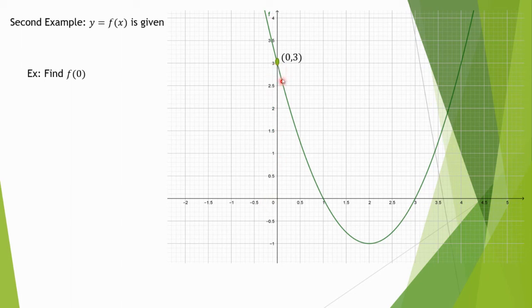Even if the point weren't there, you just look for 0 on the x-axis, the horizontal axis, go up to the graph and you'll end up at 3. In other words, the point (0, 3) is on the graph. So f of 0 is 3.